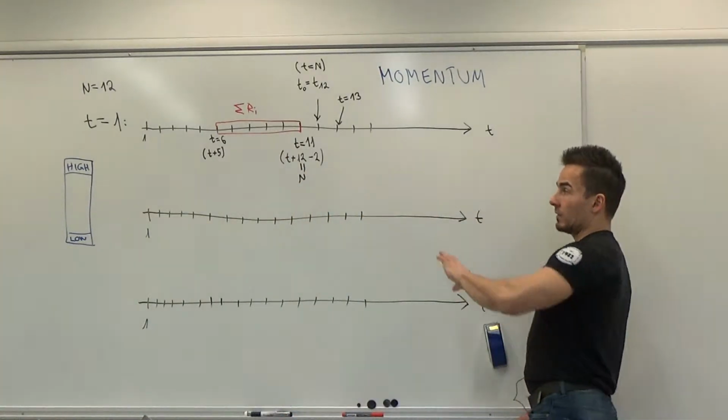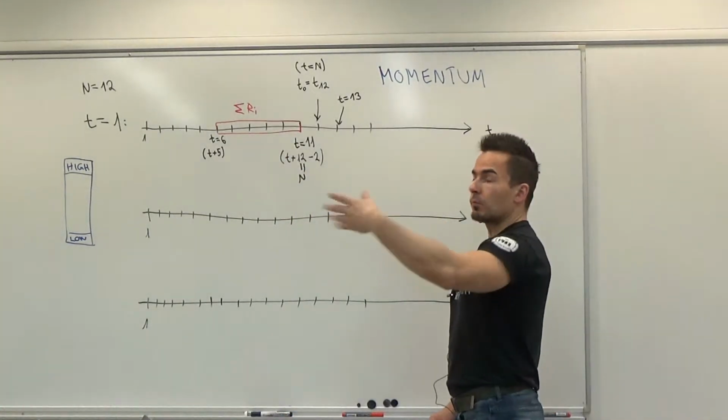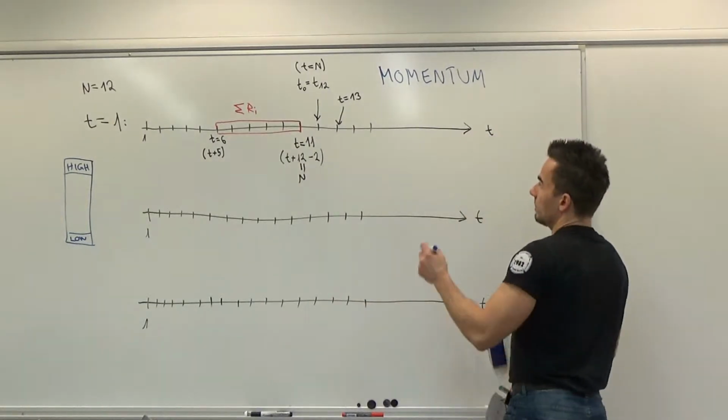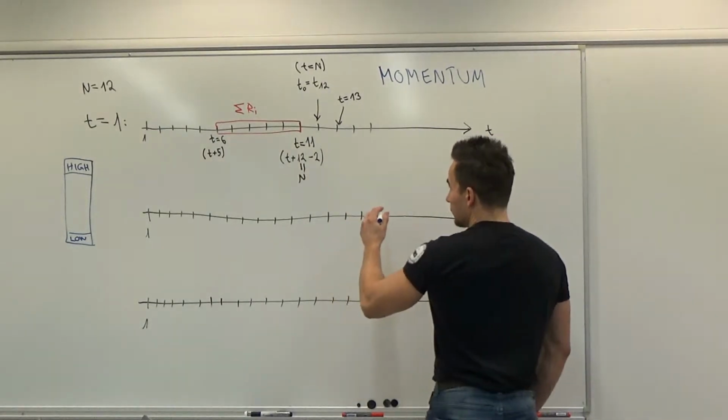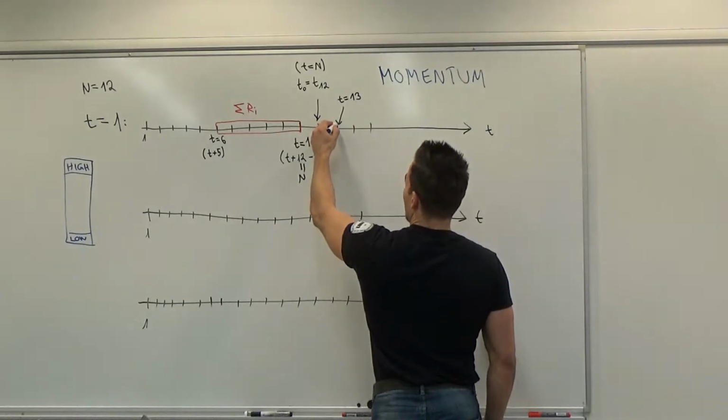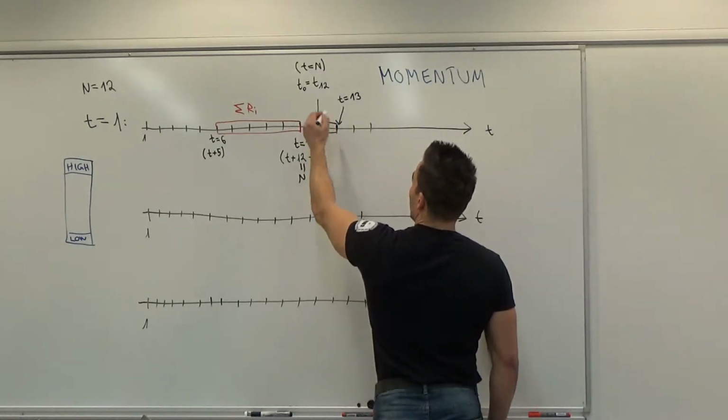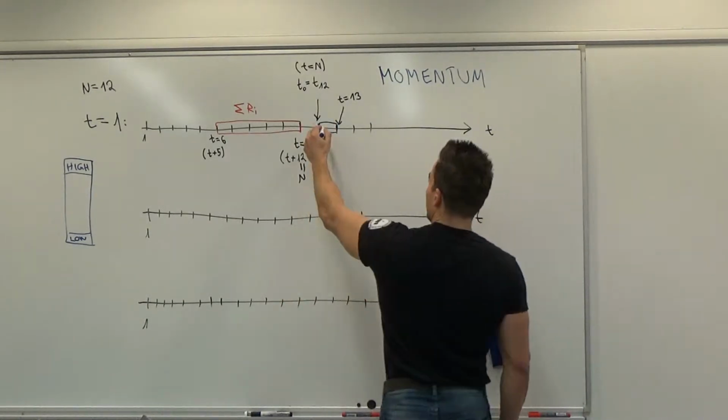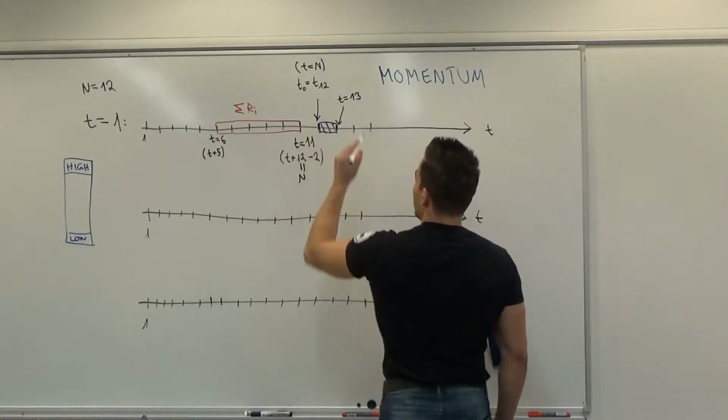What we do then is, after we form the zero cost portfolio, we keep it constant 1 month ahead. So from T0, which is T12 in our case, until T13.